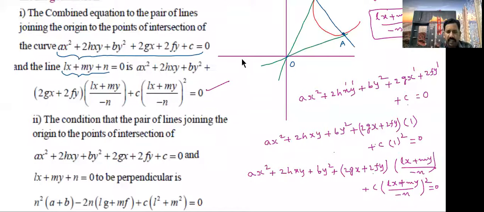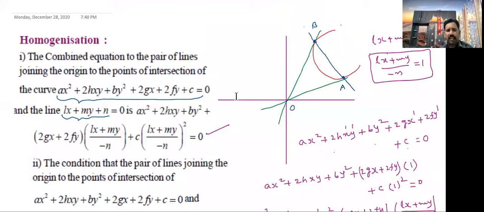After converting the non-homogeneous equation into a homogeneous equation, they will ask questions such as the angle between the pair of lines. How to find it? We know the formula.